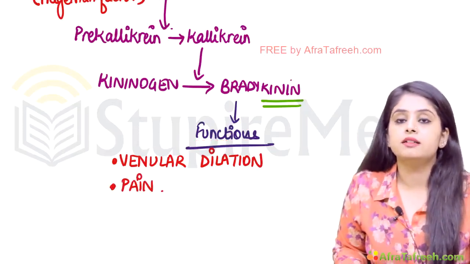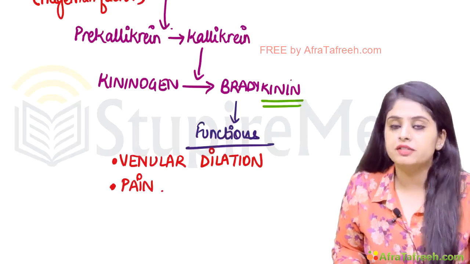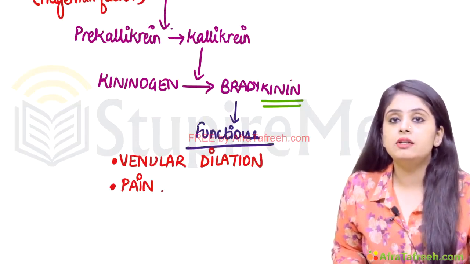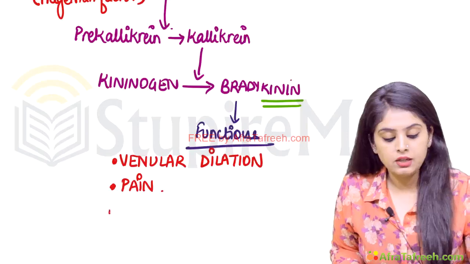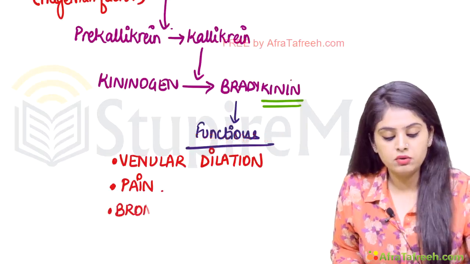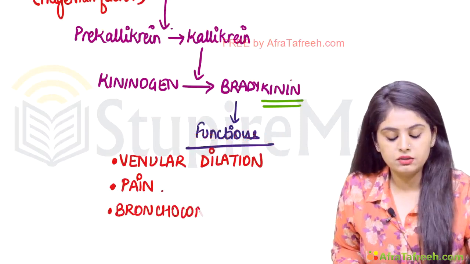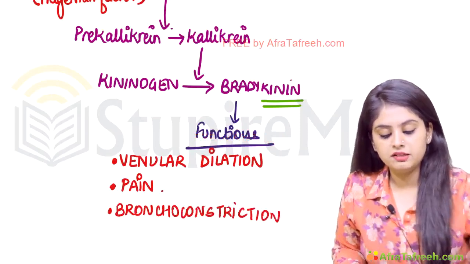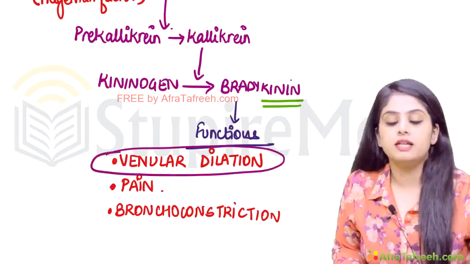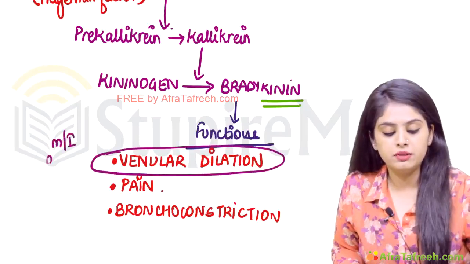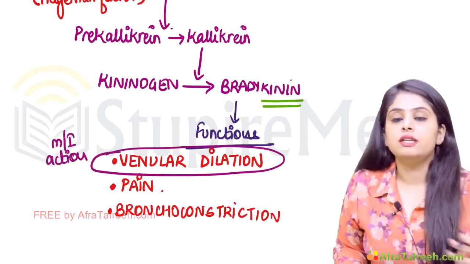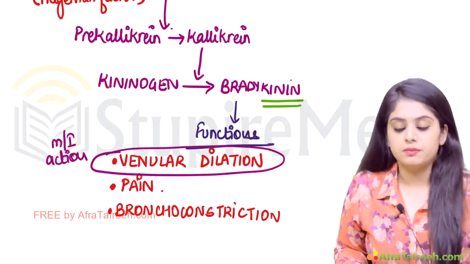We have done other mediators earlier for pain, which were the prostaglandins, D2, E2, F2 alpha, particularly E2. Next we are doing for pain is bradykinin, and it also causes bronchoconstriction. But out of these three, if someone asks us the most important action of bradykinin, then the most important action will be venular dilation. Now again, let's try to link this up with a little bit of pharmacology.